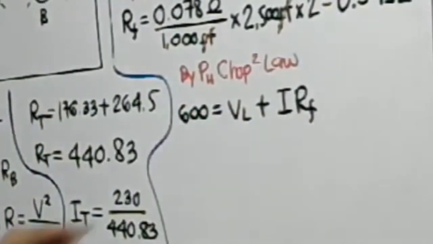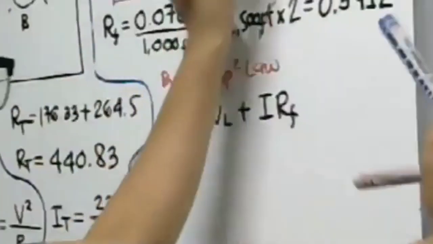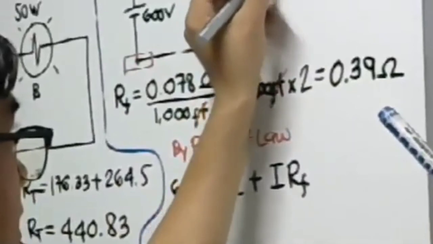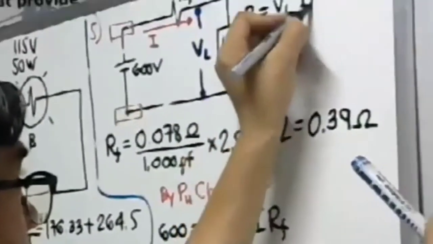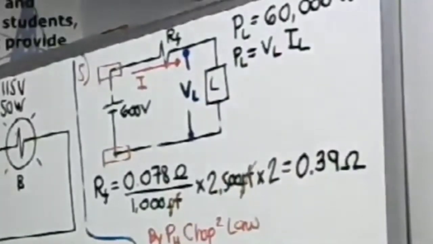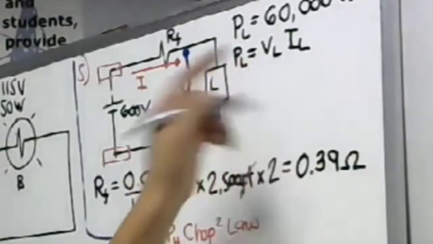By the way, what is our VL? Take a look here. Our power, PL, is simply equal to VL times IL, isn't it? That is our topic yesterday. P is equal to VI.